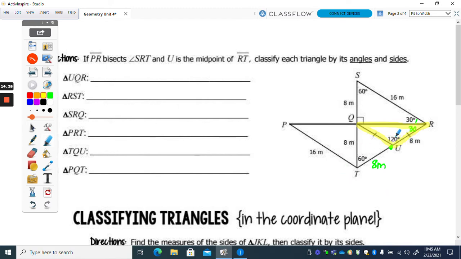We have one angle that is 120 degrees. So by its angles, it's going to be what? Obtuse. And by its sides, we have two sides that are congruent, so it's going to be isosceles. Do you see how what we know is adding up about segment bisectors and things like that?